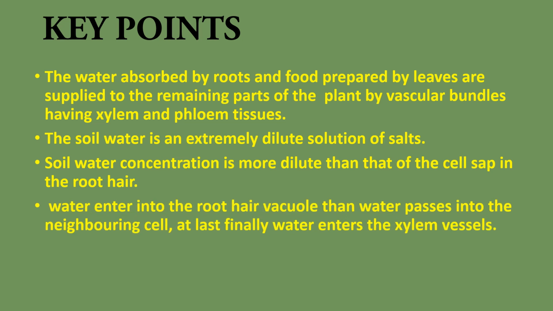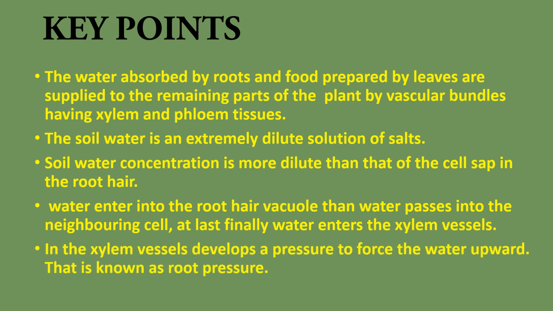First, water enters the root hair vacuole, then water passes into the neighboring cell. Finally, water enters the xylem vessels. In the xylem vessels, a pressure develops to force the water upward, which is known as root pressure.